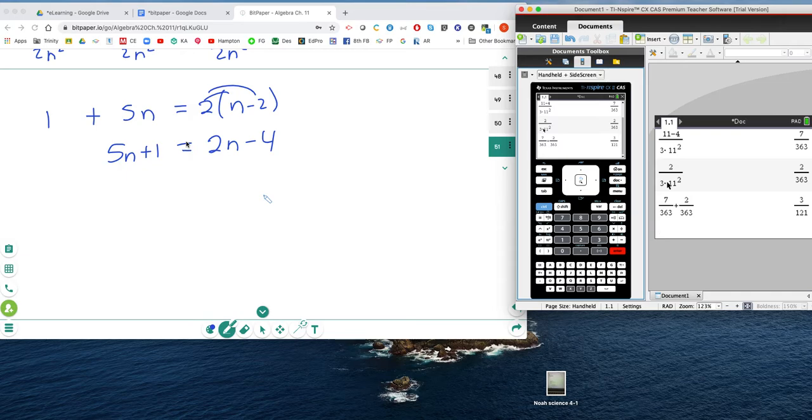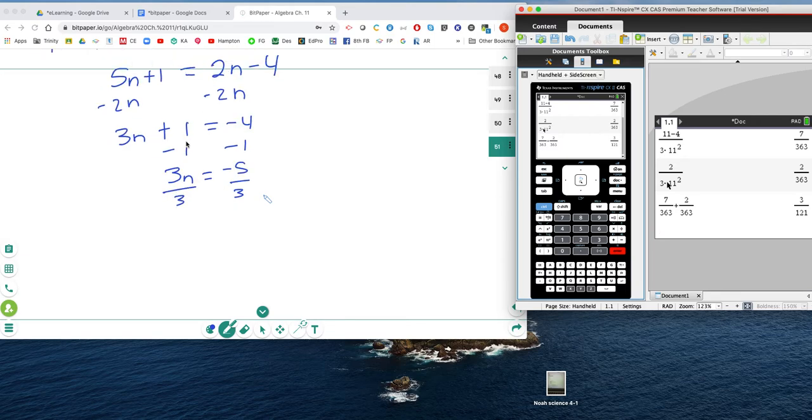Now I'm going to zero pair out the 2n. Are all the variables on the left? They're not. So I'm going to do 3n plus 1 is equal to negative 4. Now zero pair the 1. So I'm going to have 3n is equal to negative 5. Divide by 3, divide by 3. n is equal to negative 5/3.